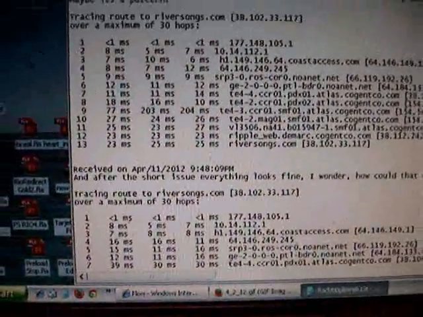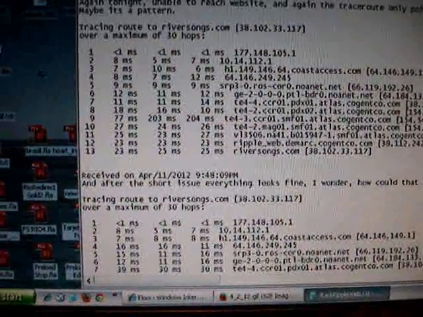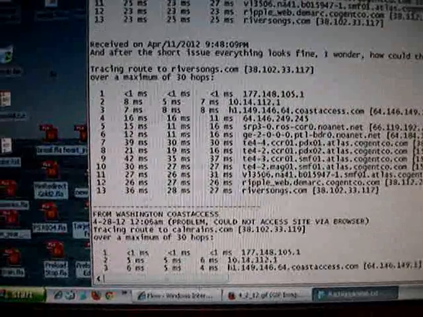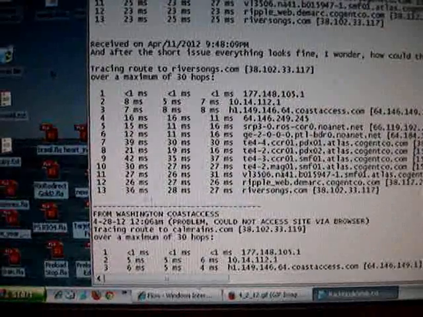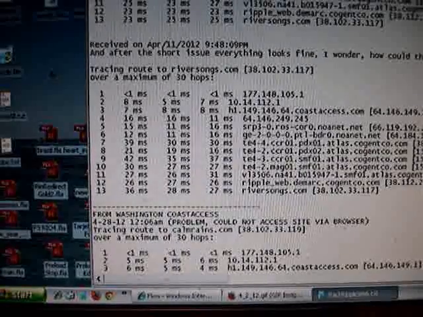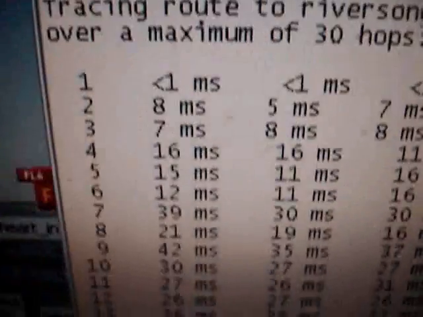Okay, alright, so here we go. Move down some. After a short time I decided to check it again. After it came back, actually, it was working fine. This is to show how it's working when it was working fine after it was down. Okay, so April 11th again.